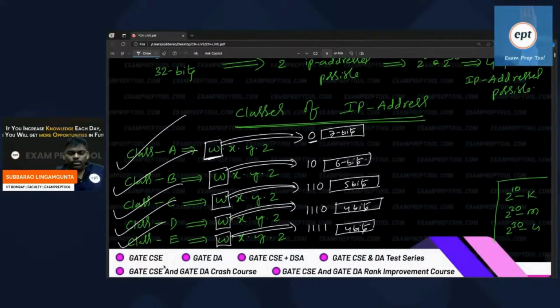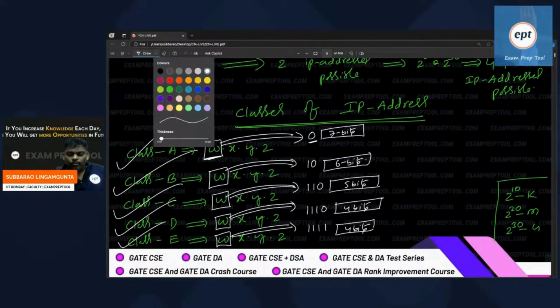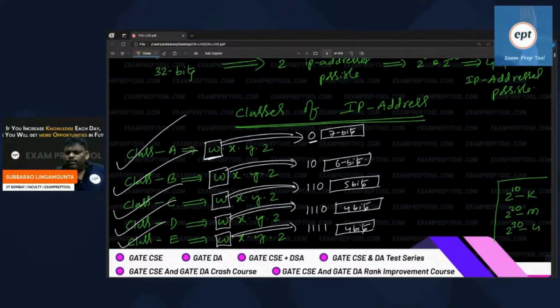It is almost like an STD code kind of thing. Comparing internet and mobile, mobile networking came first, so they copied from the mobile network. Whatever way they connect to mobiles, the same way they connected to computers.